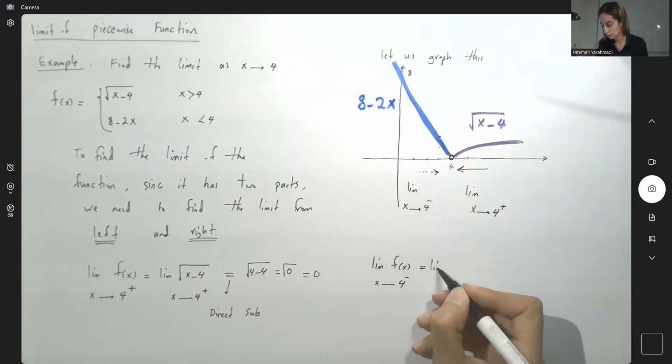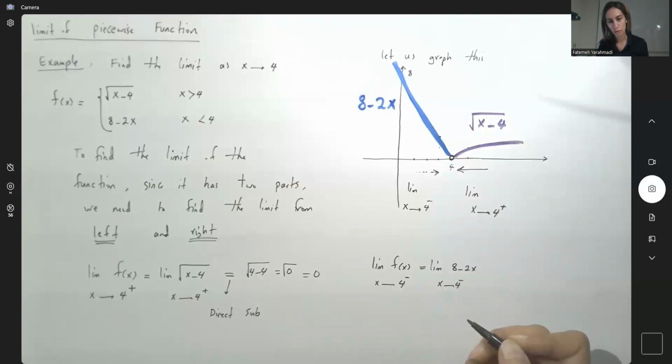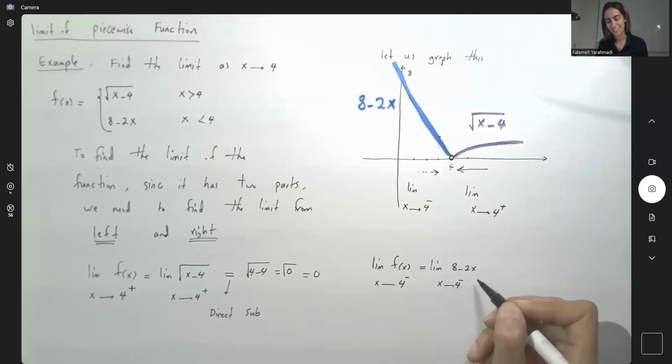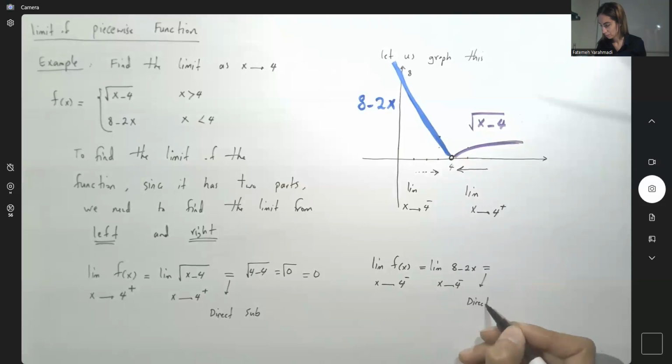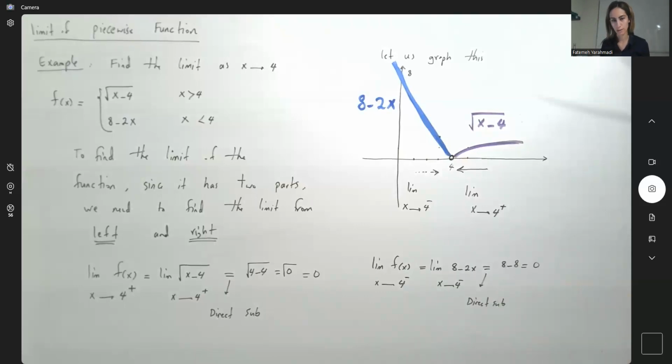So calculate the limit of 8 minus 2x as x approaches 4 from the left hand side. Again, you have a linear function, a nice function, so direct substitution. Direct sub, you get 8 minus 8, which is again 0.